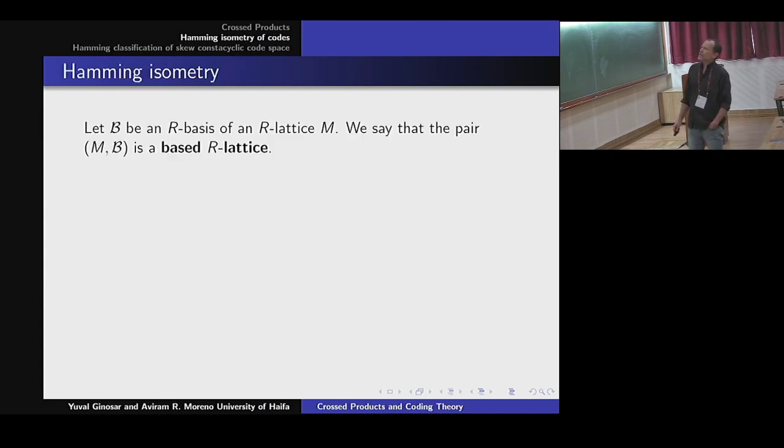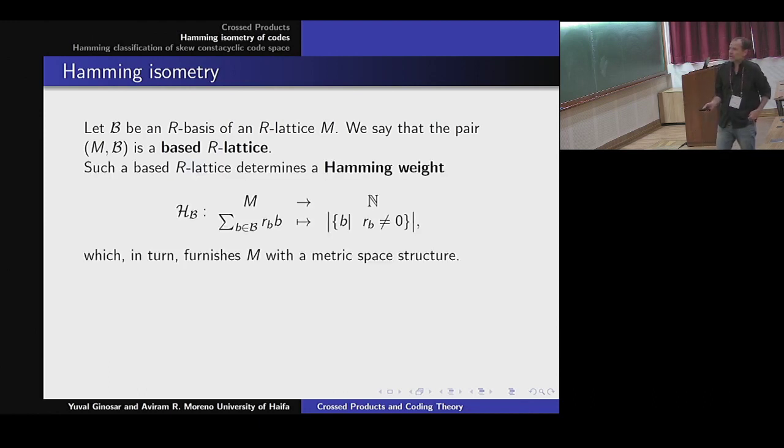Let B be an R basis. Now take any R linear code, and let B be an R basis of an R lattice M. We say that the pair (M, B) is a based R lattice.